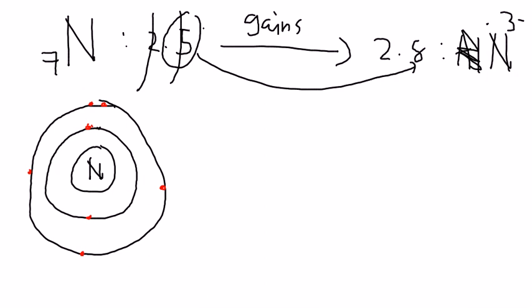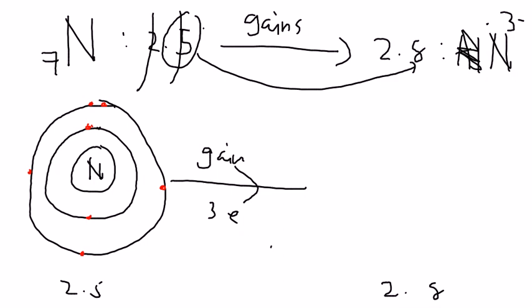When it becomes an ion, it gains 3 electrons, because this is 2.5 here, so it has a tendency to become 2.8. So remember, only the valence electrons are involved.